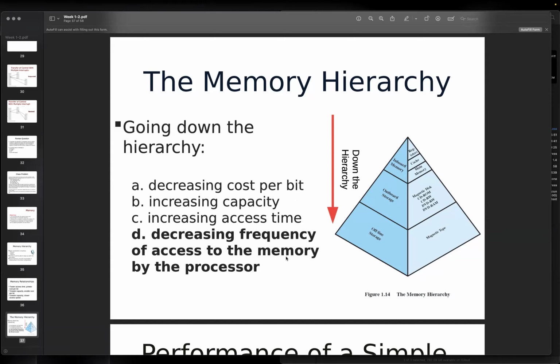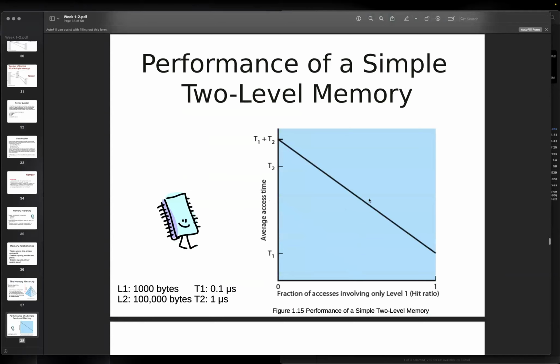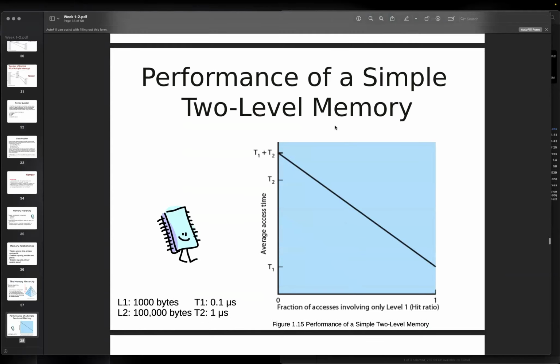This part is pretty important when we talk about memory and CPU access. We focus on the frequency of access, and remember that it decreases as we go down. I have a graph here showing the performance if we have a two-level memory.